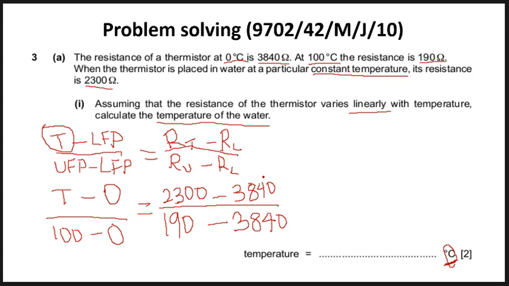All I need to do is make T the subject of the formula, since that's what I'm looking for. Don't forget 0 minus T is going to be T. 100 minus 0 is 100. Then taking away this from this will give me a negative value, and also taking away this from this gives a negative value. So T will equal this minus this. Let me quickly do the calculation.